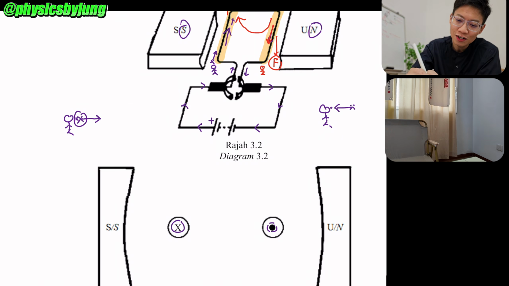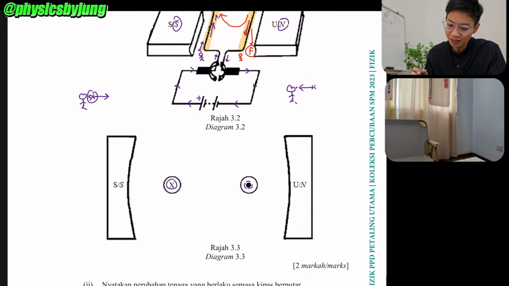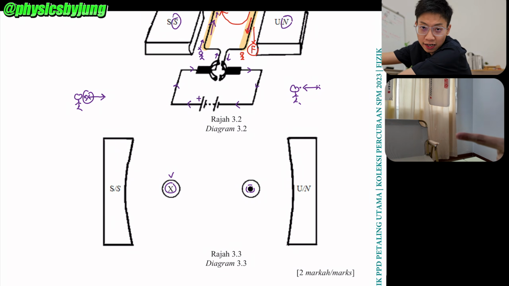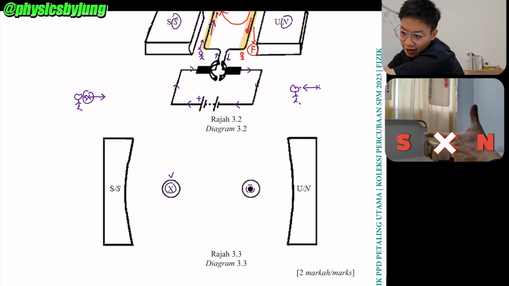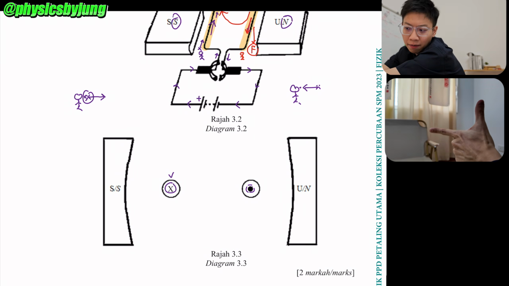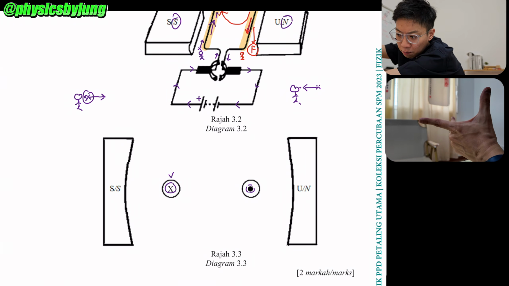Okay. So what you are going to know next is, dot is pointing towards you, cross is pointing away from you. So for the left hand side one, we will do it this way, whereby again the same thing, north to south, and then after that the cross is pointing away, so my thumb goes up. See, the middle finger is pointing away from you, right? If you are this camera, it points away from you, right?